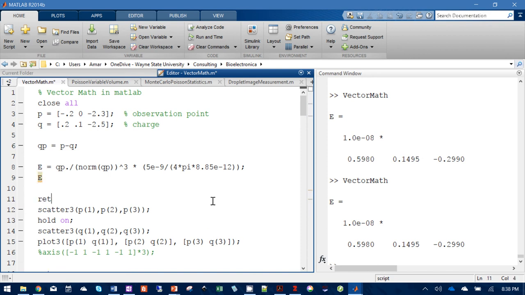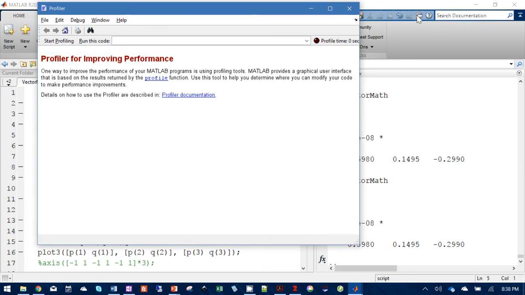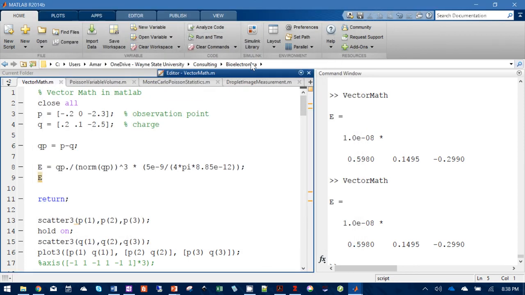Let's do this one first. This return thing means just to end. I just want to run the code. Oh, there it is.